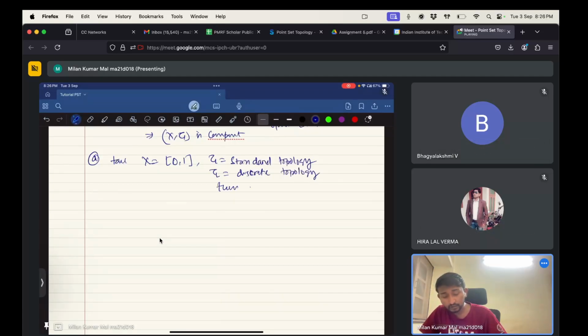Then obviously the discrete topology is the largest topology, so tau 1 is always contained in tau 2.